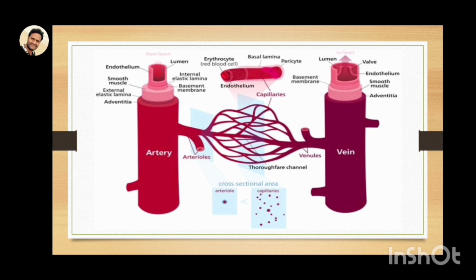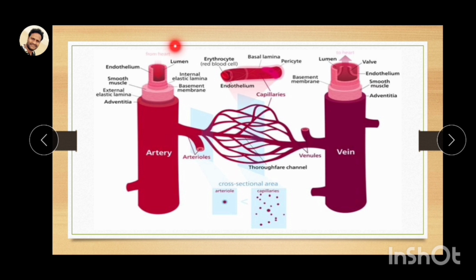This is the diagrammatic representation. Arteries are bright reddish in color and veins are dark reddish, and the artery is very thick because it has a maximum amount of muscle and 2 elastic laminae. In veins some muscles are present and only 1 elastic membrane.